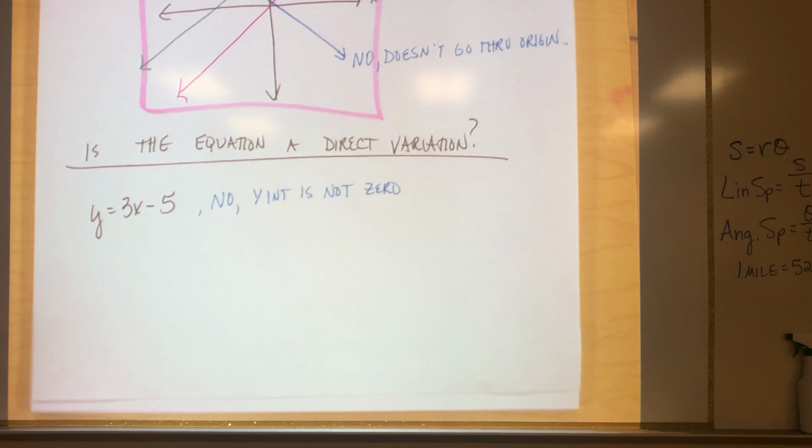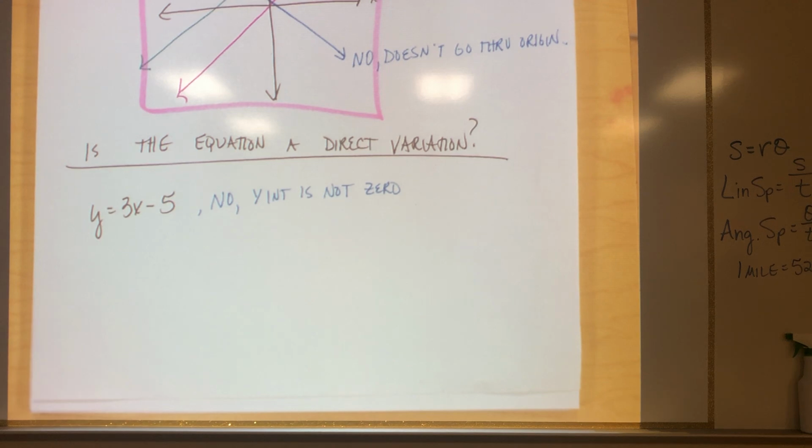My y-intercept is not 0. You could have said my y-intercept is not 0, it's -5. Here's what I don't want to hear: my y-intercept is -5? No, because what does that mean? It could be +3 and I'd be okay? Do you see what I'm saying? That doesn't tell me that you know. That just says you know what the y-intercept is, but do you know what it's supposed to be?